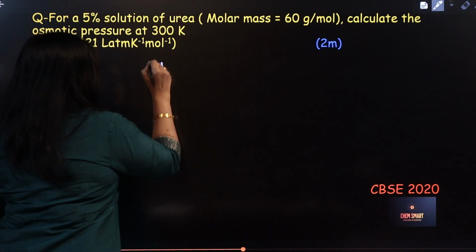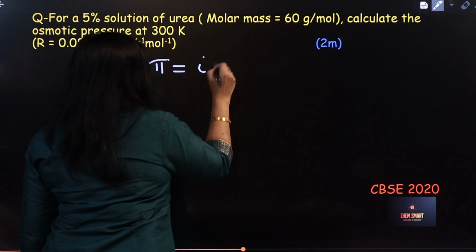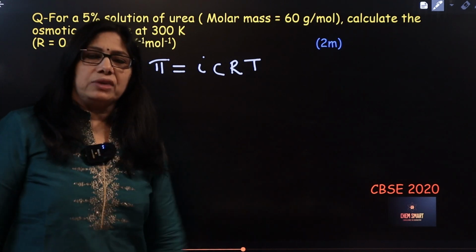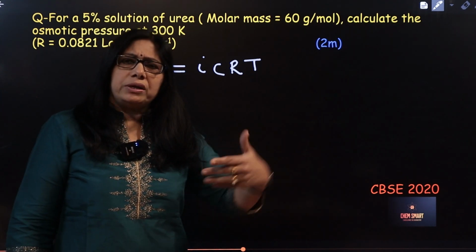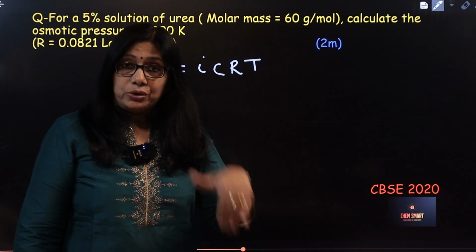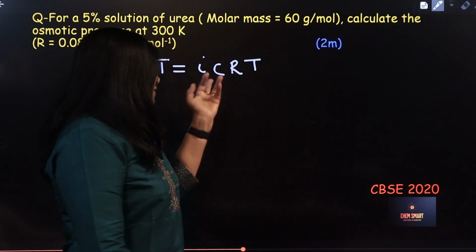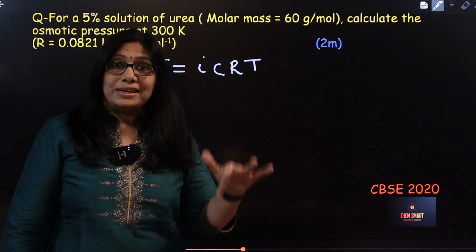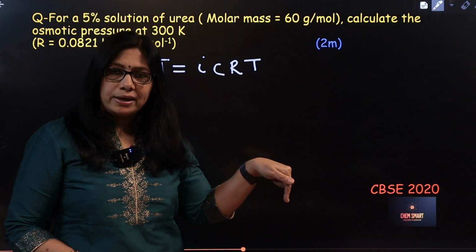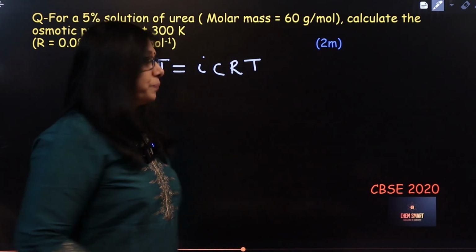Osmotic pressure formula is pi is equal to I into CRT. It is better to include I in the formula. If it is normal solute, you can take it as one and neglect. Otherwise, you will have to take that I into consideration, right? So if you don't practice by taking I, you might not write I where it is required also. Okay? So better to include I and get the formula.